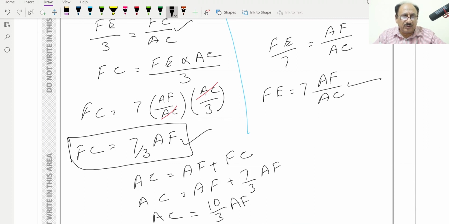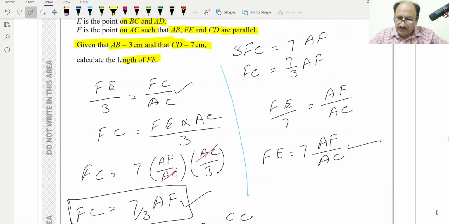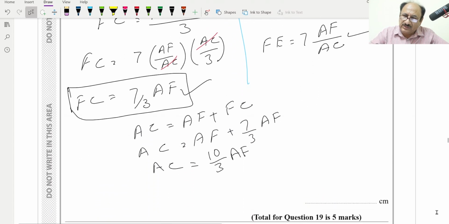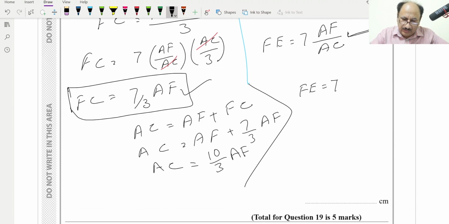After this, this value of AC we can write in this equation. So FE will be equal to 7 AF over AC. So we will write 7 AF over this value of AC, which is 10 over 3 of AF.